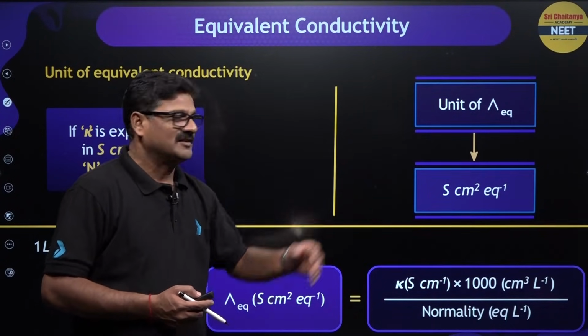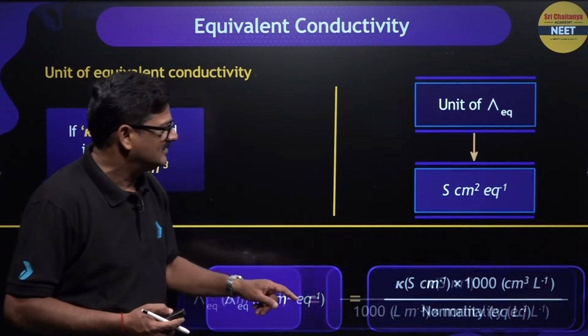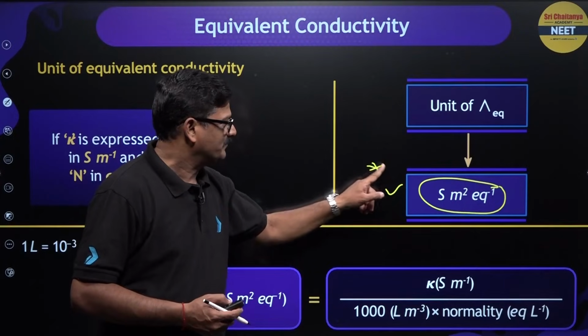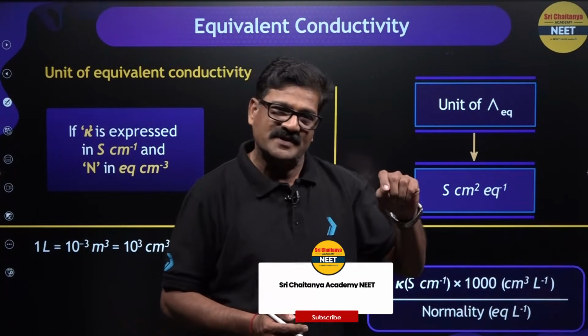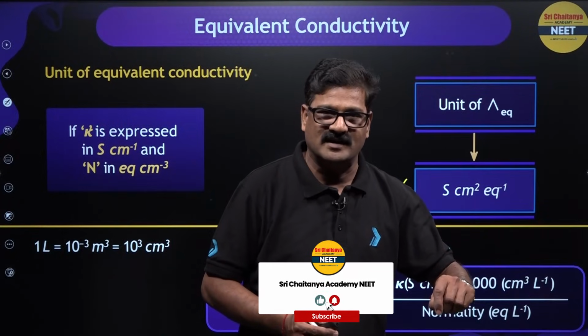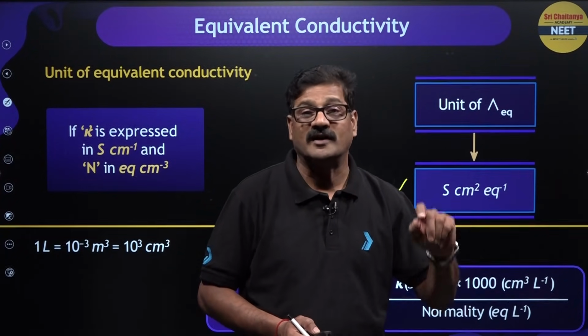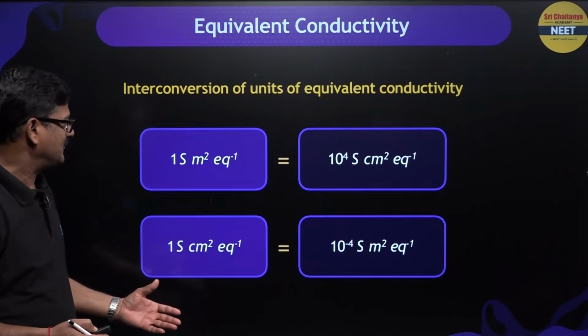This is mathematically calculated, and remember this and the SI unit, which is super important. Equivalent conductance is not specifically given in the NCERT, but it will be asked in the NEET examination, because normality and molarity are in NCERT, so you can do it by interconversion.